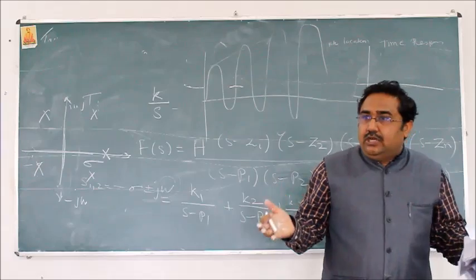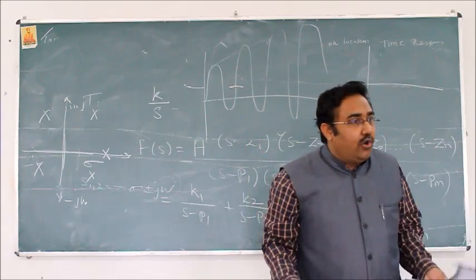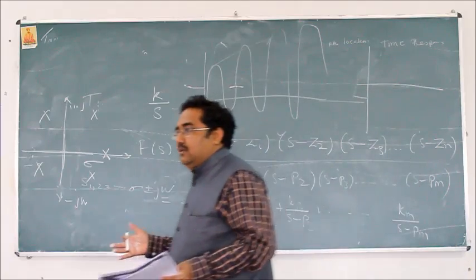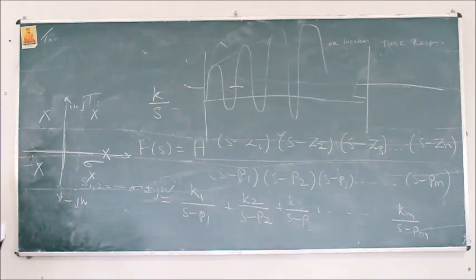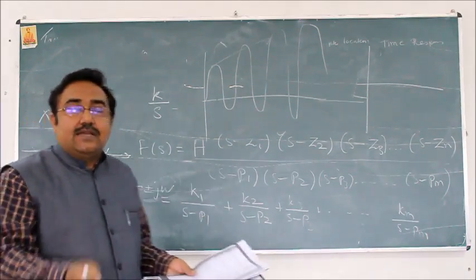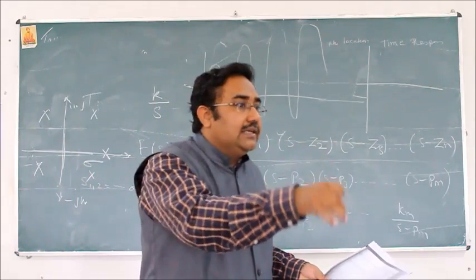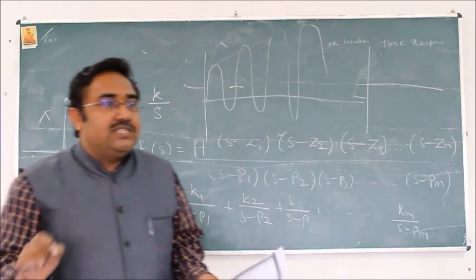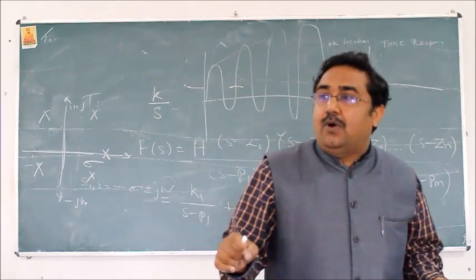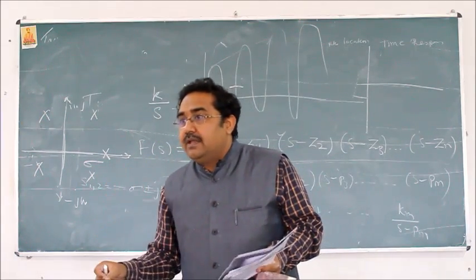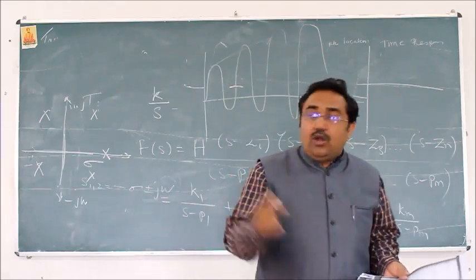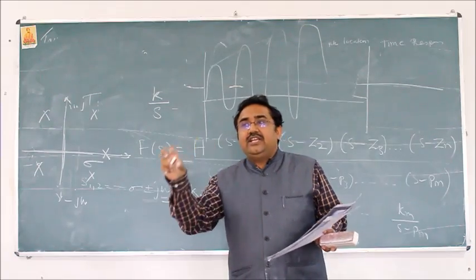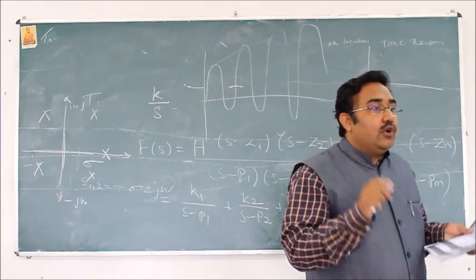We have taken all the permutations and combinations. What conclusion are we drawing? That the location of the poles plays an important role in determining the time behavior of the system. The system time response is very much dependent upon where the poles of the system are located. Also, our response should ultimately reach some steady state value.